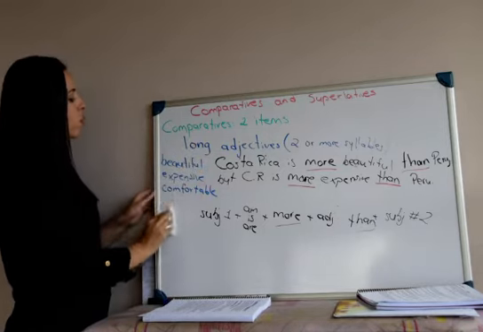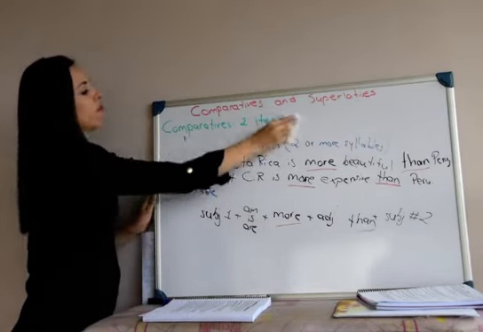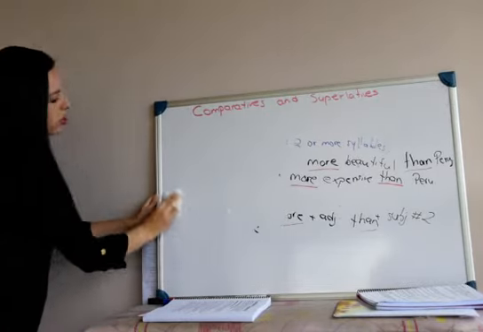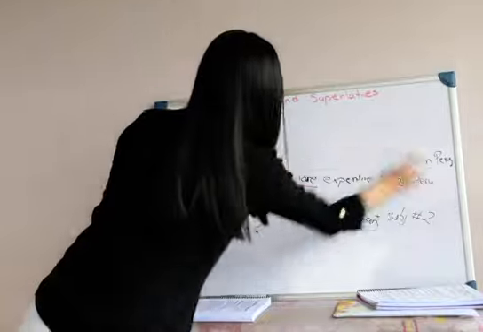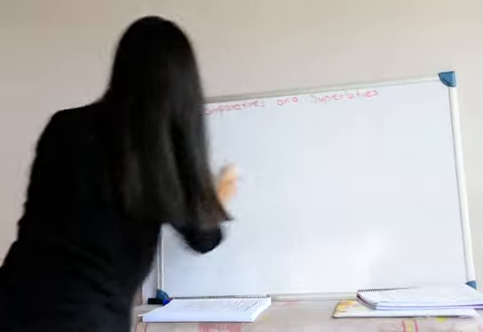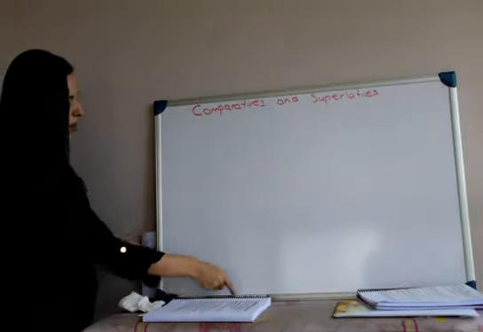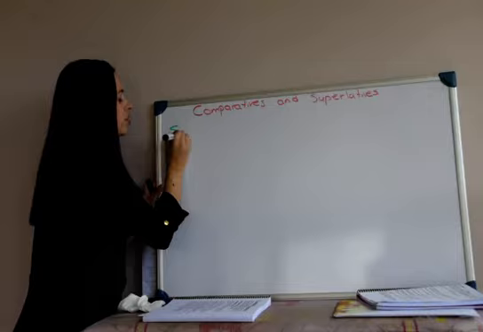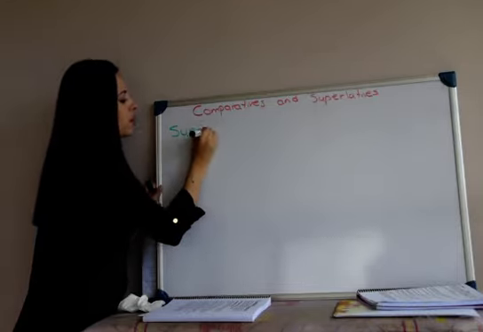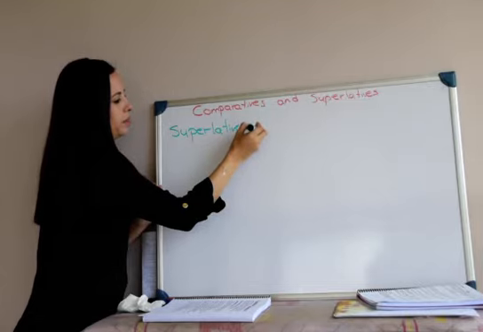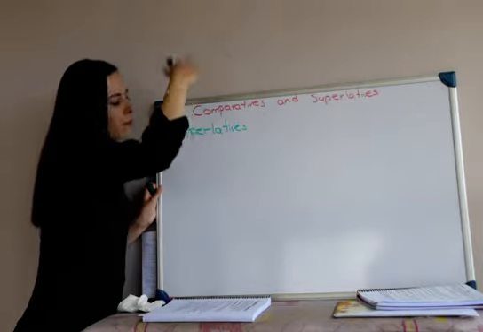Now, we have similar rules with superlatives. Let's see when to use the superlatives. We have comparatives for 2 items. We use superlatives when we want to compare more than 2.